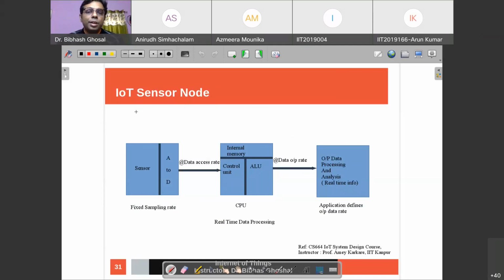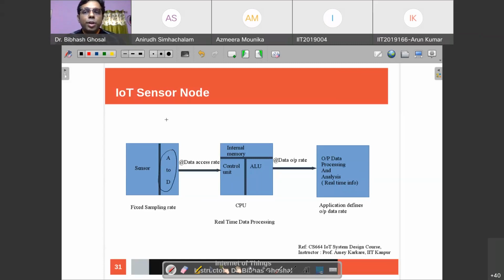So in that case, the data that you will be generating will be generated at a particular rate. The analog sensor will not give you the digital data, so you have to add some additional circuitry which is going to generate the digital data from the analog.